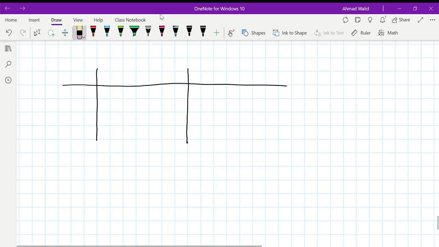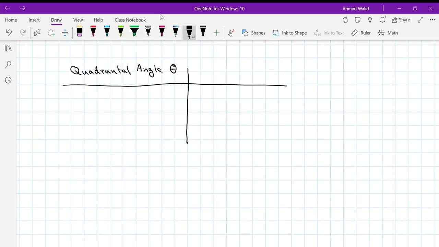Let's write here quadrantal angle theta. Let's find the coterminal with theta.